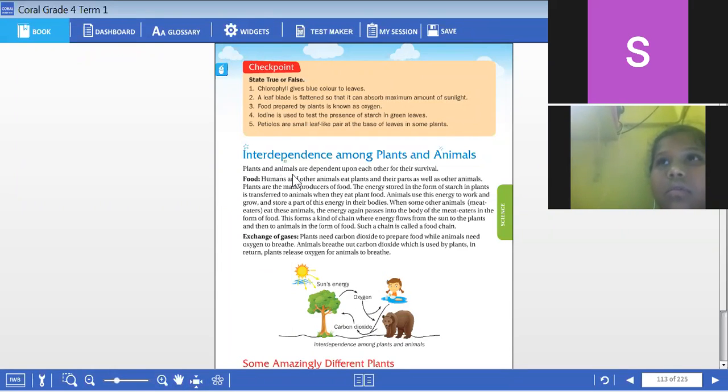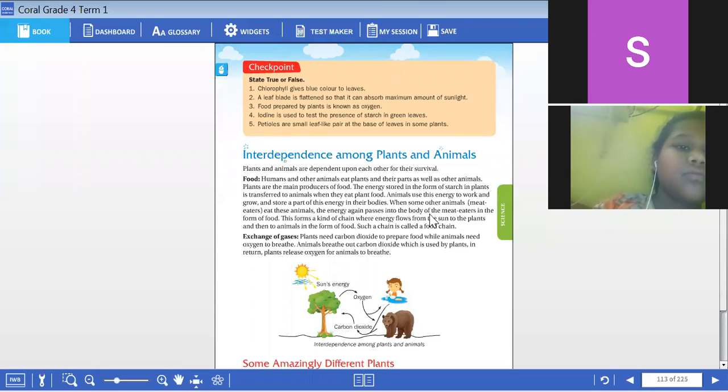Humans and other animals eat plants and their parts as well as other animals. Plants are the main producers of food. The energy stored in the form of starch in plants is transferred to animals when they eat plants. Animals use this energy to work and grow and store a part of this energy in their bodies.